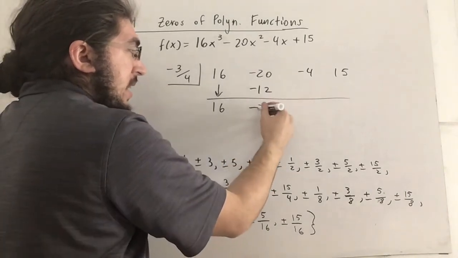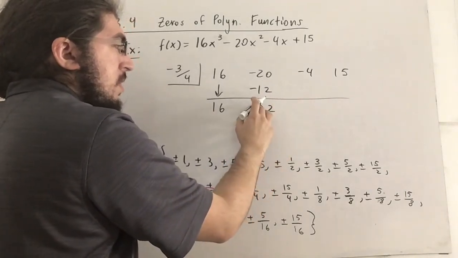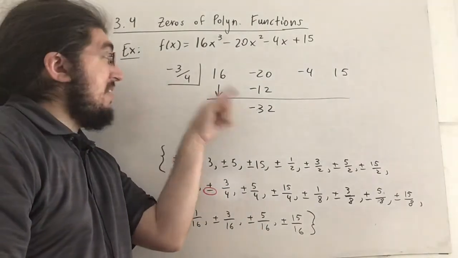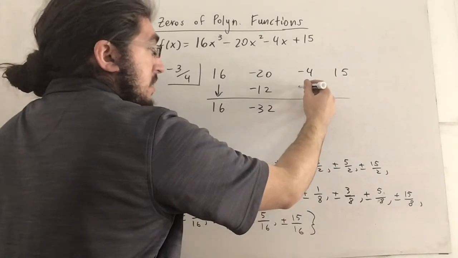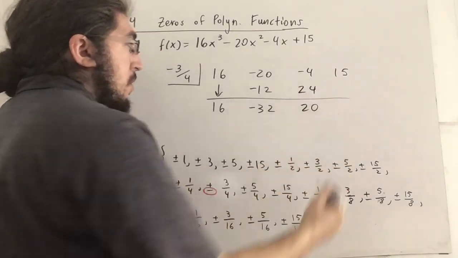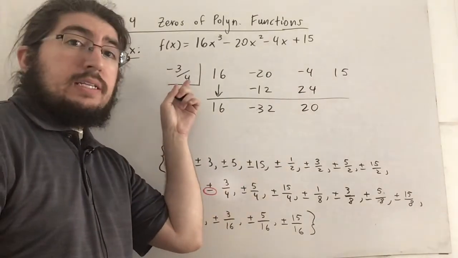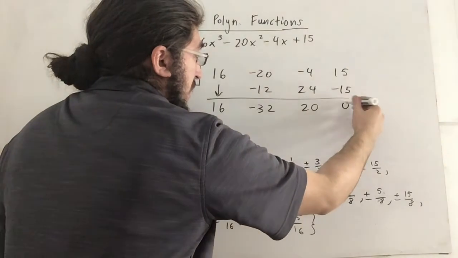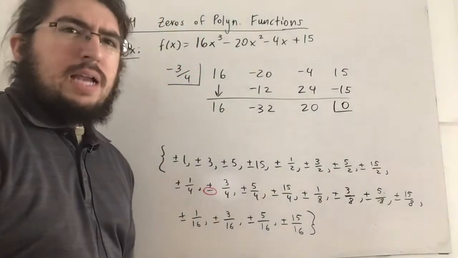If you add these, you get negative 32. Negative 32/4 is negative 8, and negative 8 times negative 3 is positive 24. Adding these, we get 20. Perfect. 20/4 is 5, and 5 times negative 3 is indeed negative 15. They combine to 0.